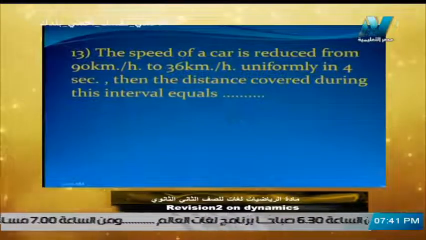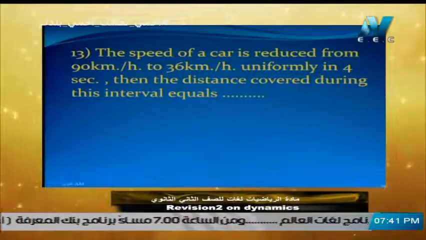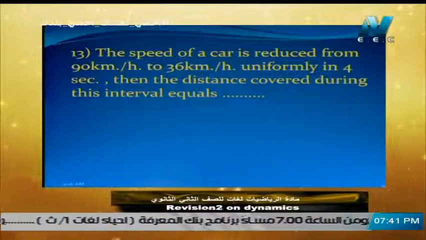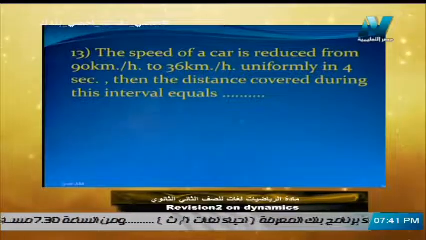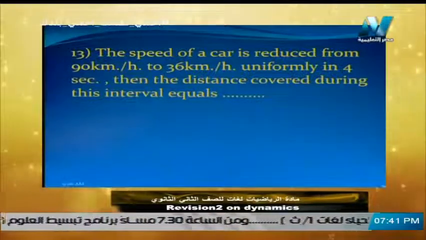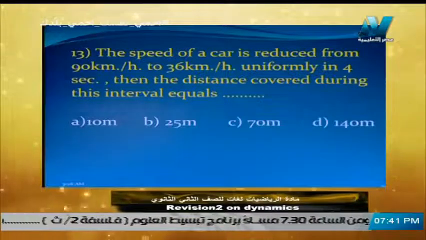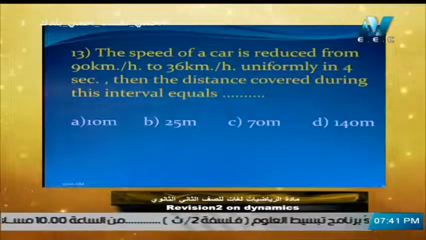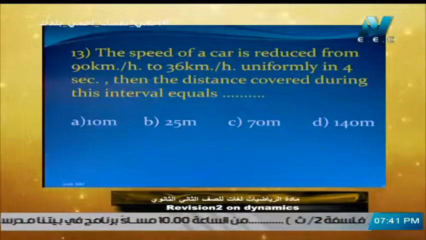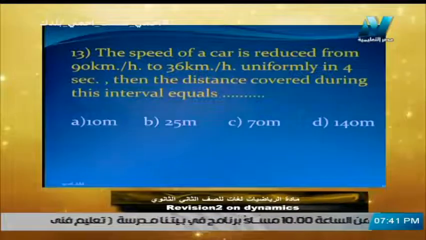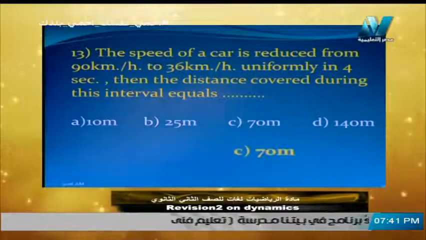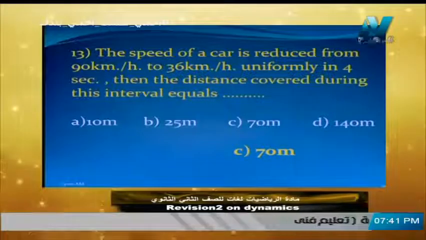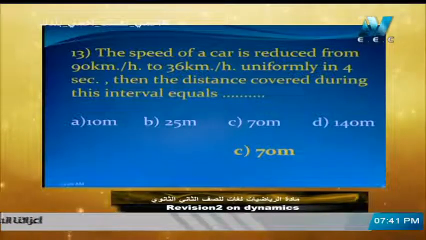So the time equals 4 seconds. Then the distance covered during this interval of time equals what? The options here: 10 meters, 25 meters, 70 meters, or 150 meters. And the final answer equals 70 meters. Let us see why.